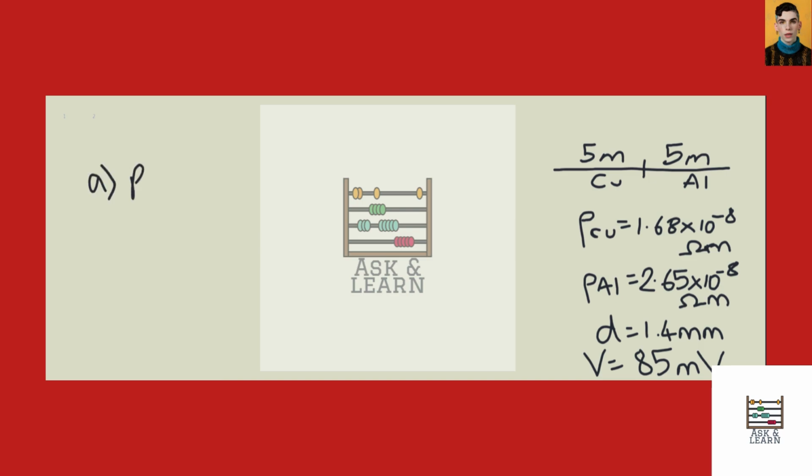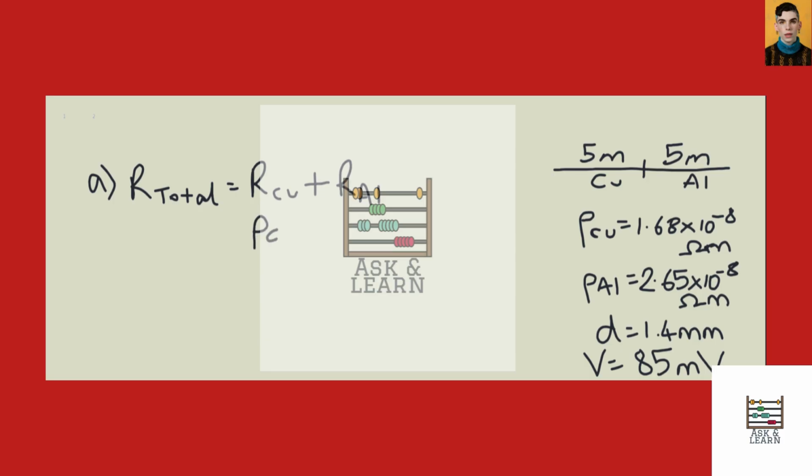So first, our total is the resistance of the copper plus the resistance of the aluminum. Now, from our formula, we know that resistance is resistivity times the length divided by the cross-sectional area of the wire.